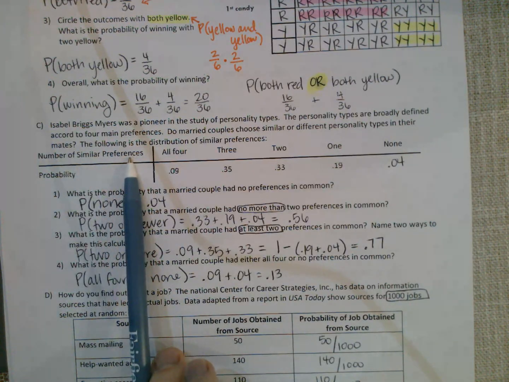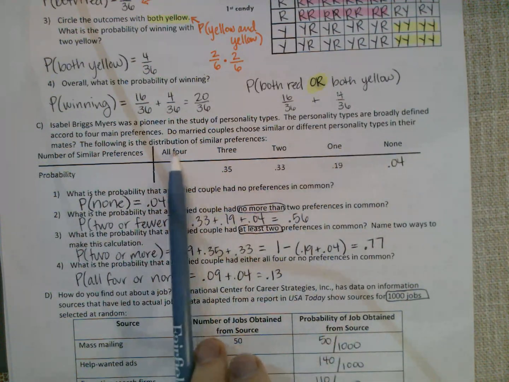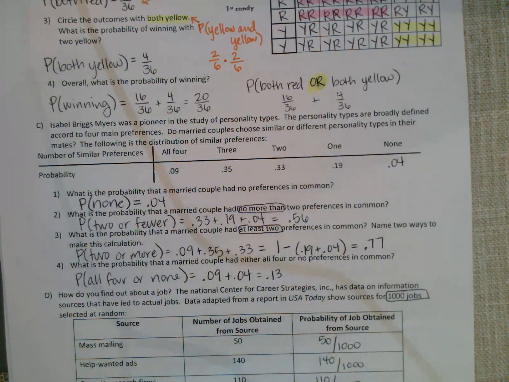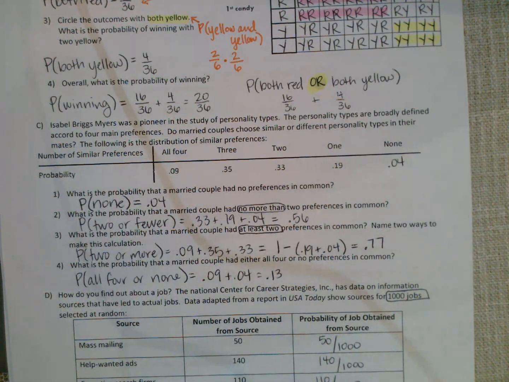We've got number of single preferences, and then we have the possible outcomes, which was all 4, 3, 2, 1, or none, and then their probabilities. And of course, these probabilities had to have a sum of 1 because they were all possible outcomes. Okay, so this is a way to display just a single event.